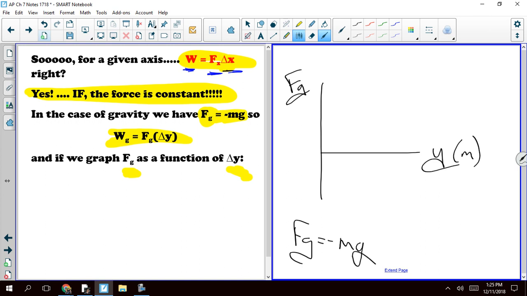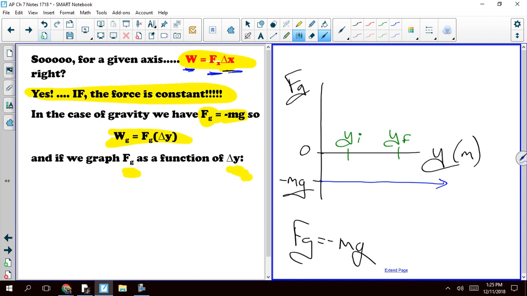So if I call this 0, and I call this negative mg, then regardless of what my position is, suppose I have some initial position and some final position, my force of gravity is always just negative mg, right?